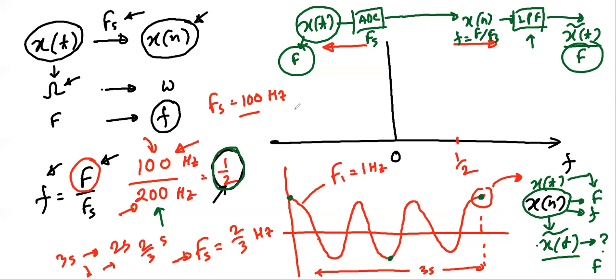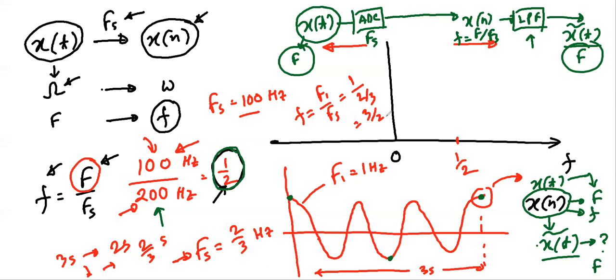Now we'd like to find the small f. What is the value of small f? You can find it by F1 divided by Fs, where F1 is equal to 1 hertz and Fs is equal to 2 by 3. So small f is equal to 3 by 2, which is 1.5.